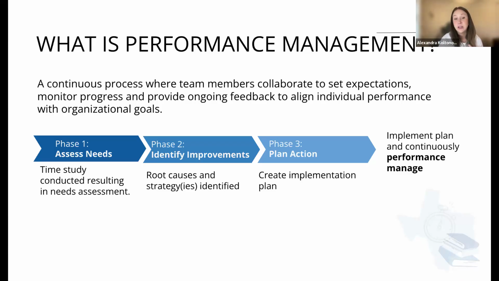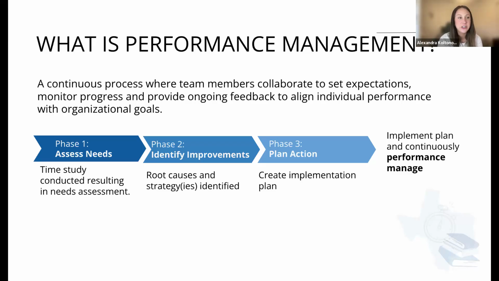We're currently in phase 3, which is that implementation plan, when we're putting together a really detailed approach of what we're actually going to do to see our theory of action put into action. And then after we finalize this implementation plan, we move into, obviously, implementation.